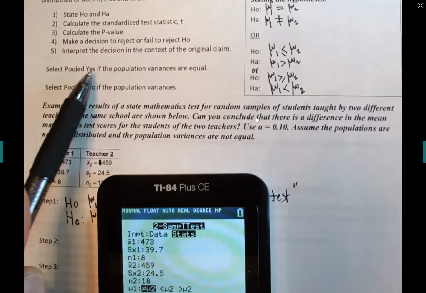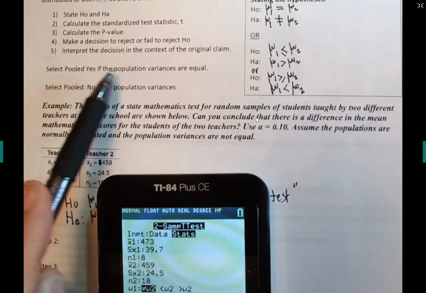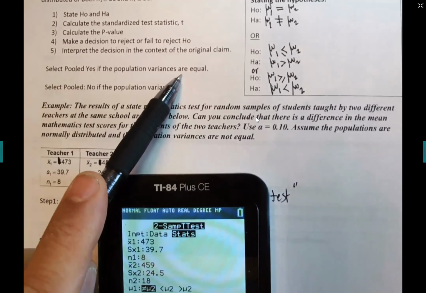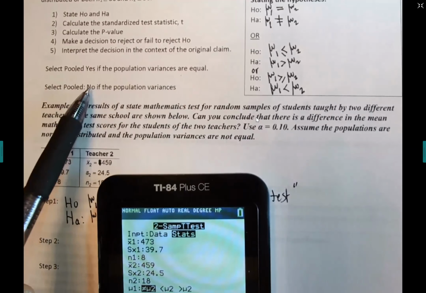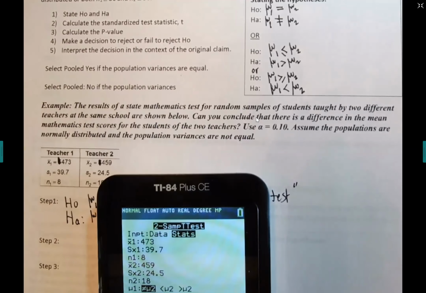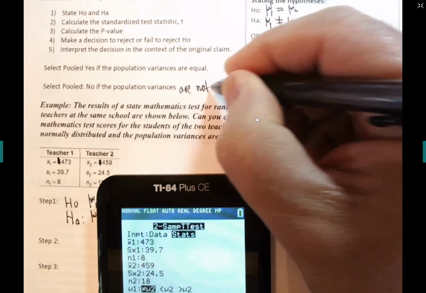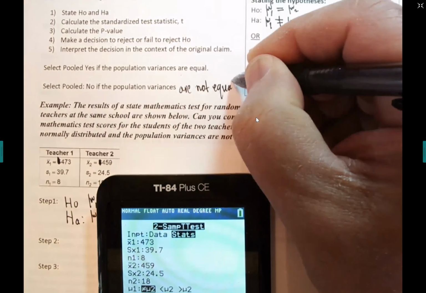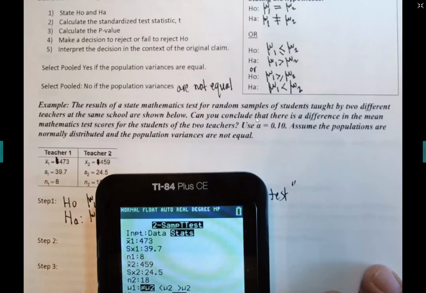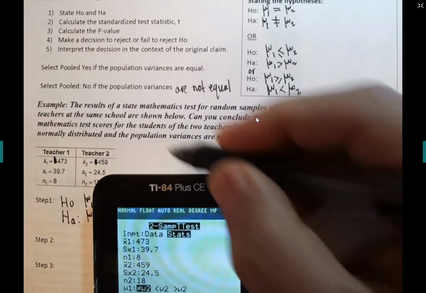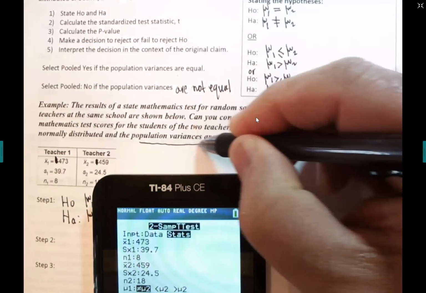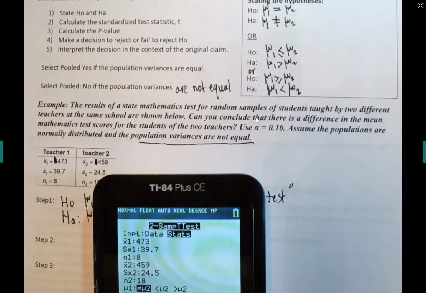Select pooled yes if the population variances are equal, and select no if he says the population variances are what? What's the opposite statement? Are not equal. So let's read the problem and see what he says. Look what he says here, guys. So population variances are not equal. So what do you choose, yes or no?